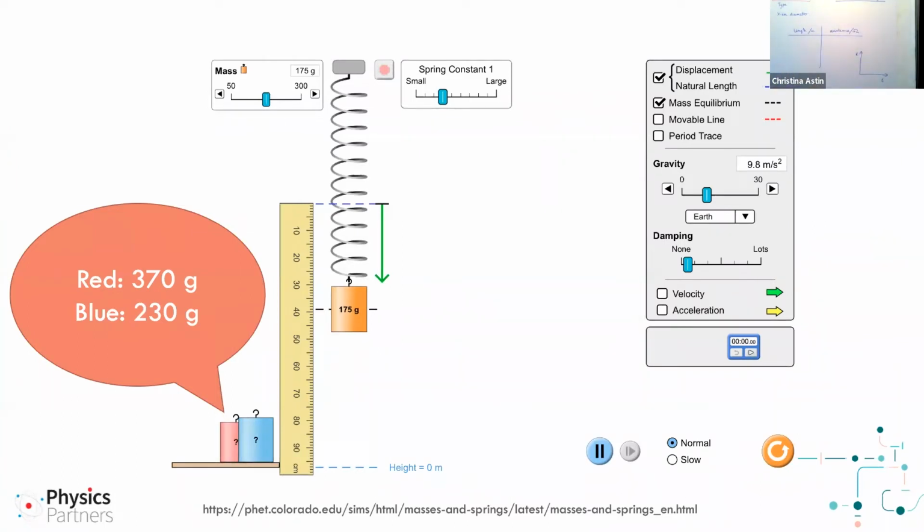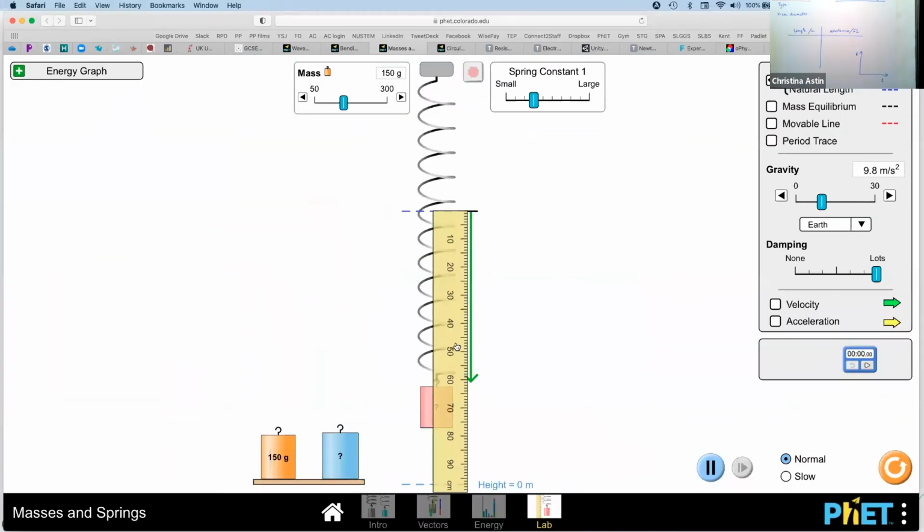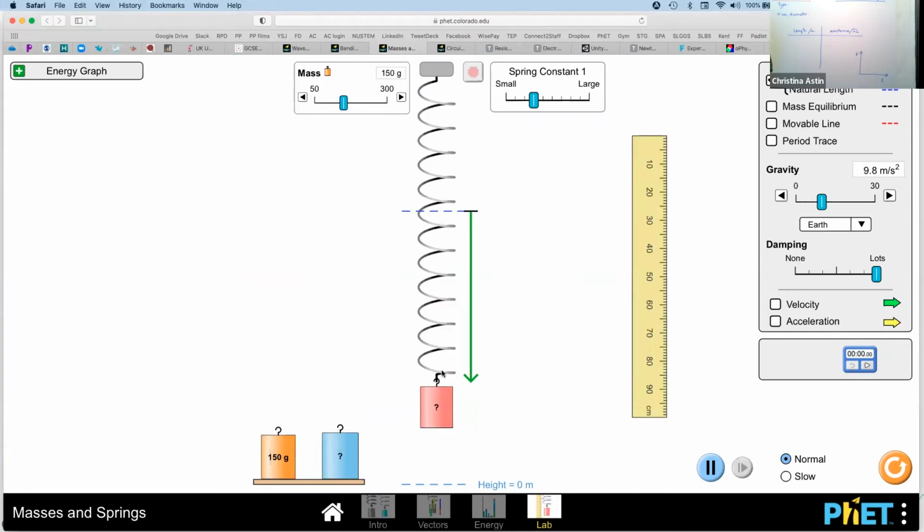Aren't you going to get a systematic error from not measuring to the center of mass? Lovely question. The answer is no, because let me just show you. Because the shape of the mass doesn't change, we could measure to the center of the mass each time, or we could measure to the top of the mass or the bottom of the mass, or even the top of the little hook there, as long as we're measuring the change in the length of the spring.